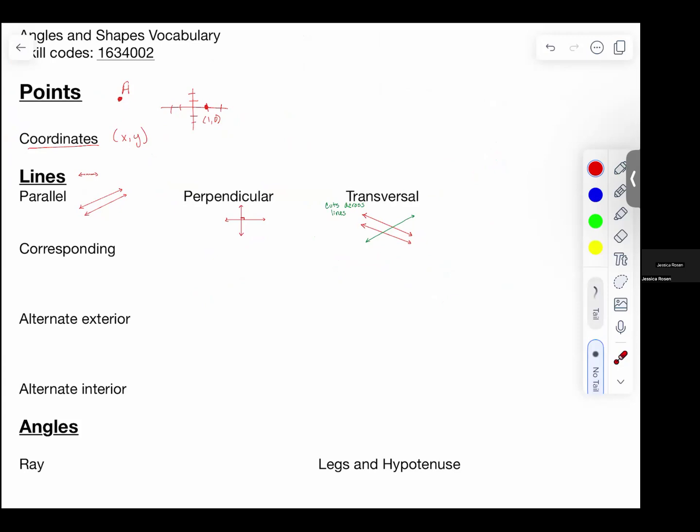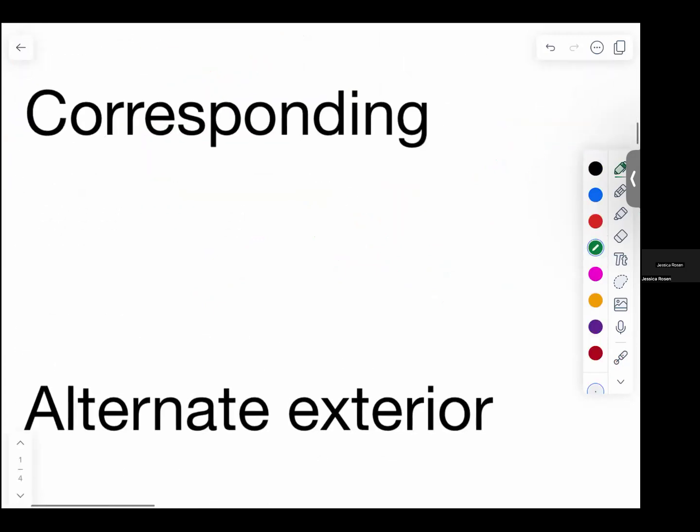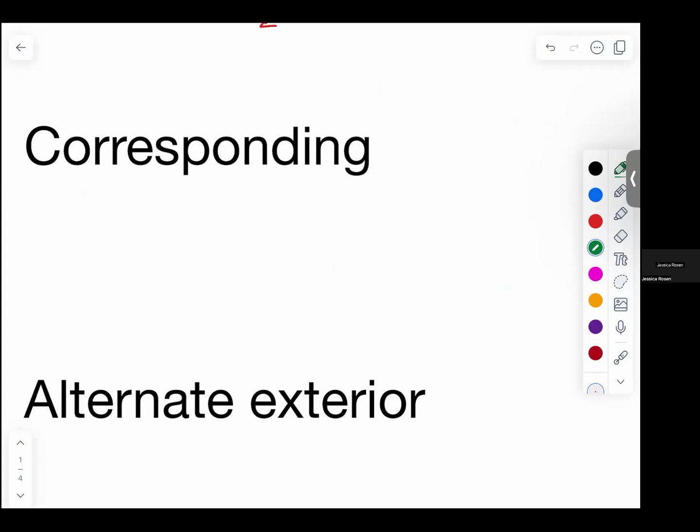So we're going to use that transversal. I'm going to draw another one actually so I have more space. And let me see if I can make this. I can't make my laser pointer bigger, so I'm going to have to draw bigger. So we're going to have our parallel lines, and our transversal.